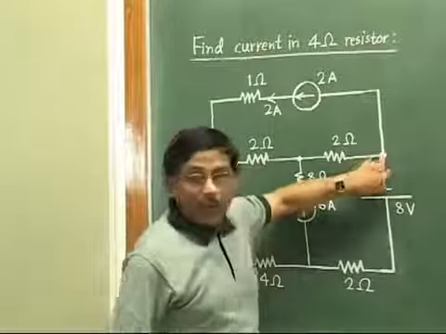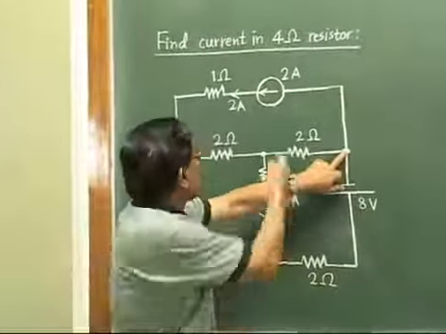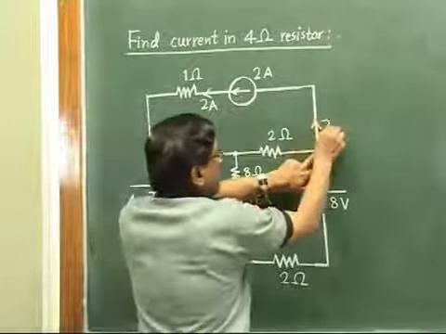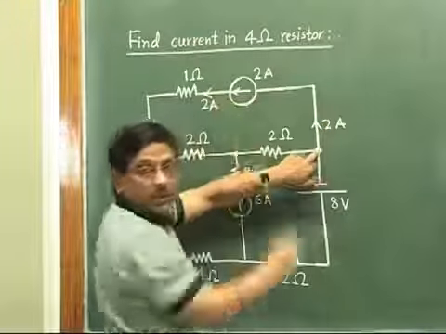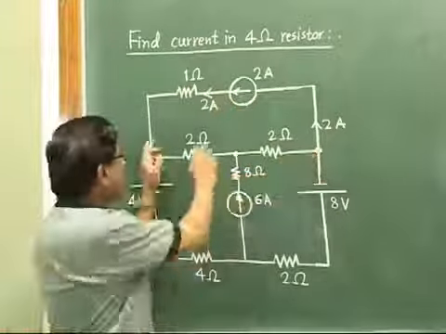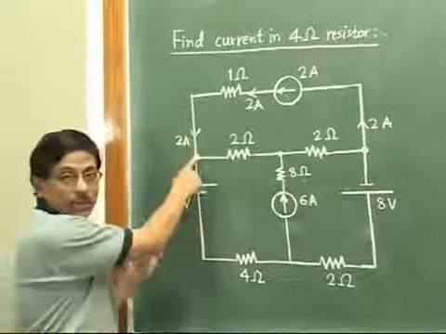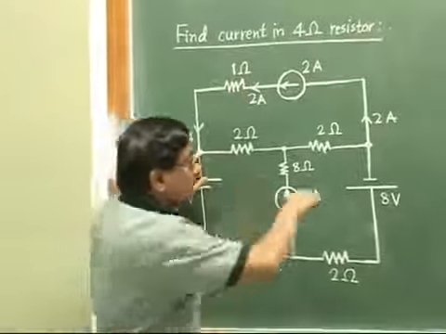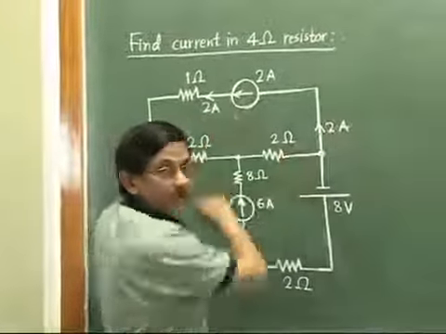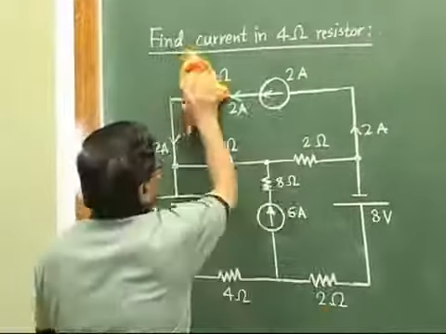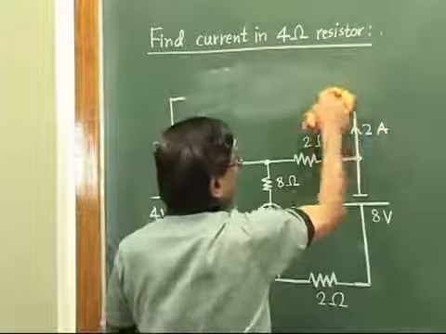Whereas at this node, since this 2 ampere is moving like this, that means here 2 ampere is entering into the source. So simply it means 2 ampere current reaching this node or 2 ampere current leaving this node in this branch. Once you do that, you just scratch this entire thing from your diagram.